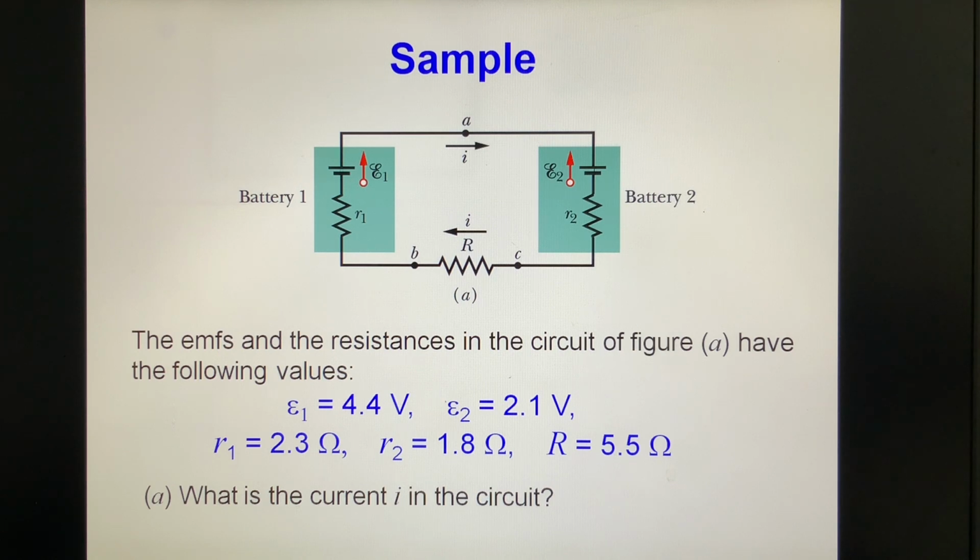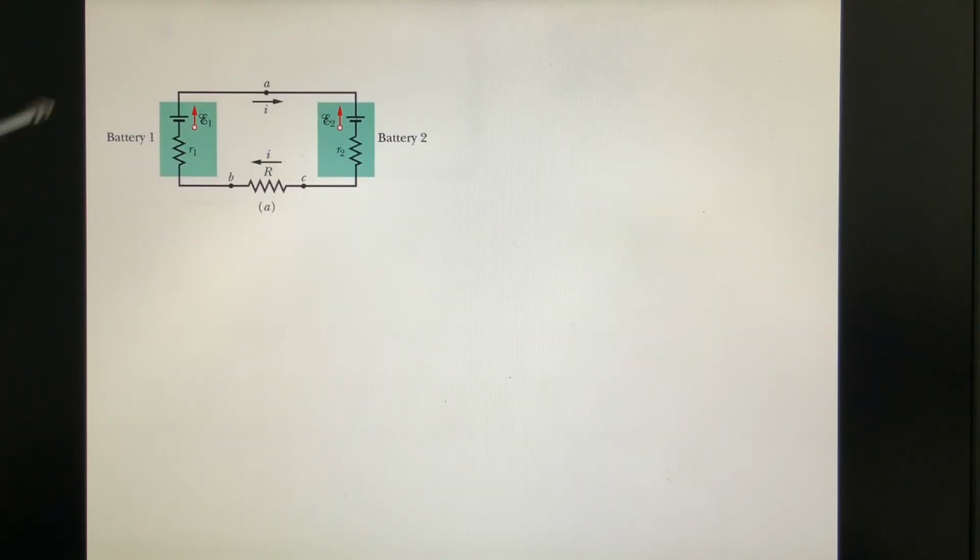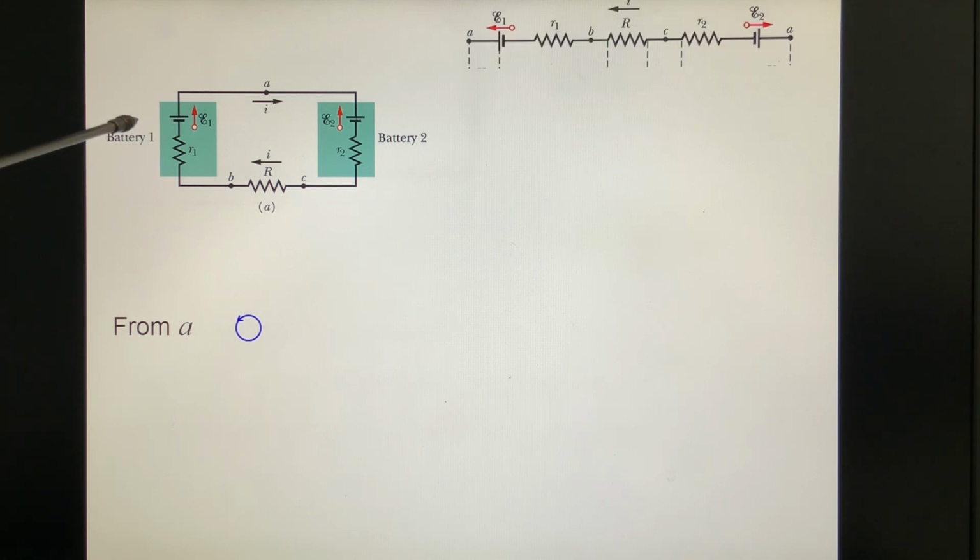This is very straightforward. Okay, we look at this. We start from a and go counterclockwise from a to this one. So the first one, we drop epsilon 1, minus epsilon 1. We assume the current in this direction, so whatever direction you assume, as we mentioned before. So this one you come from up to down against the current, so you get plus IR1.